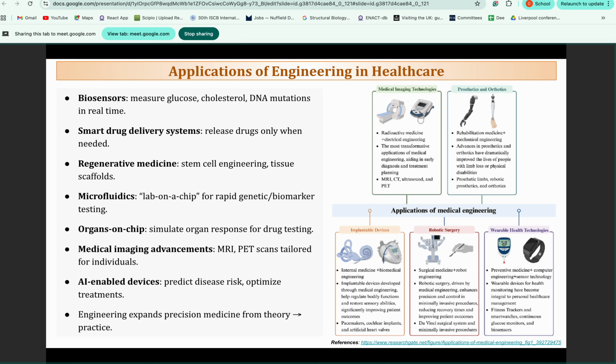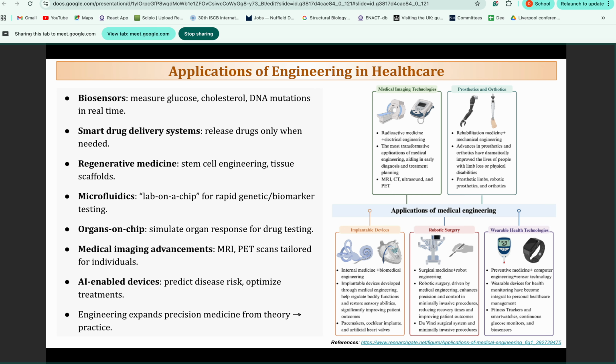Right now, different limbs and robotic prosthetics are coming up, and they are very sensitive. If you move it, it also moves, so that is smart, like another part of your body. With the help of this advancement in engineering, we can design high-level prosthetics which can mimic your own body part.